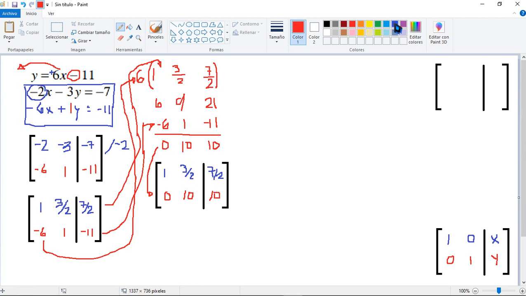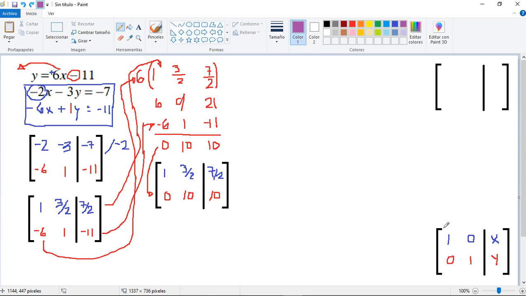So as you can see, this one is 1, this one is 0, just as this one is 1 and this one is 0. Okay. Now we need to convert this number 10 into 1 and these 3 halves into 0.